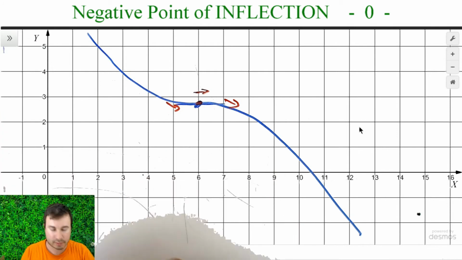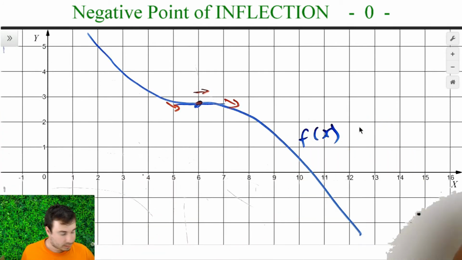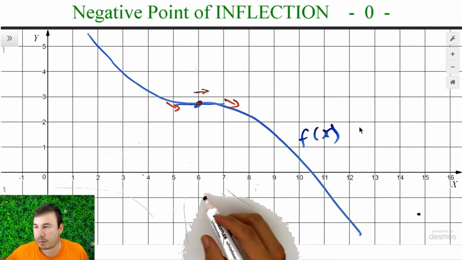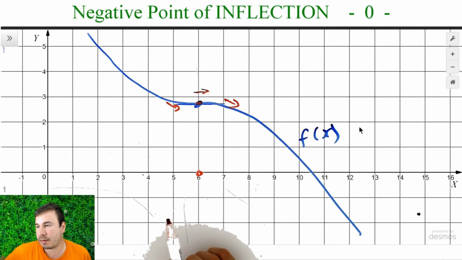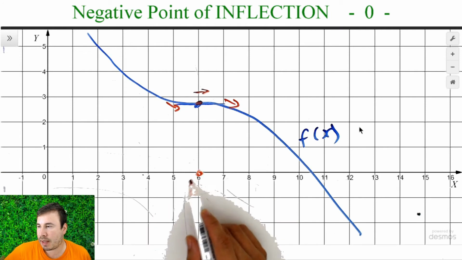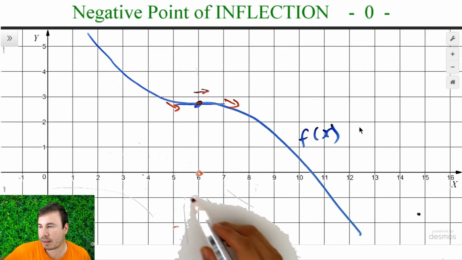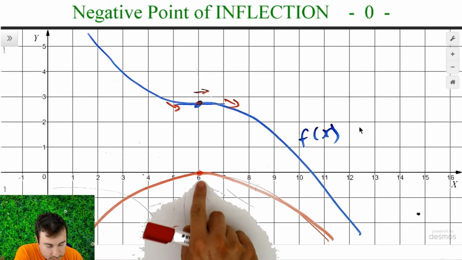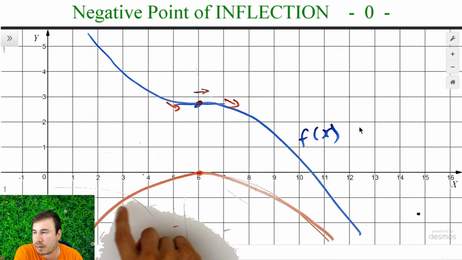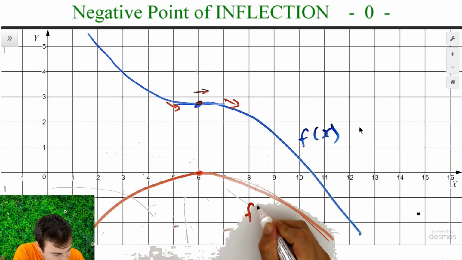So this is the function here, f of x. The derivative of the function is going to be 0 at the point 6. It's going to be negative around here, and negative around here. It's going to do something like that. At 6 it's going to be 0, but it's not going to go into the positive side, this derivative f dash x.